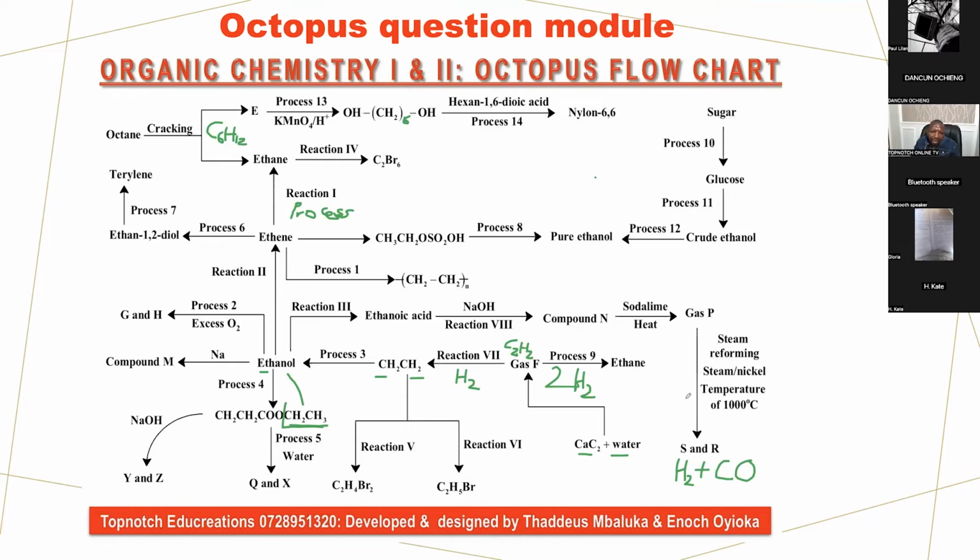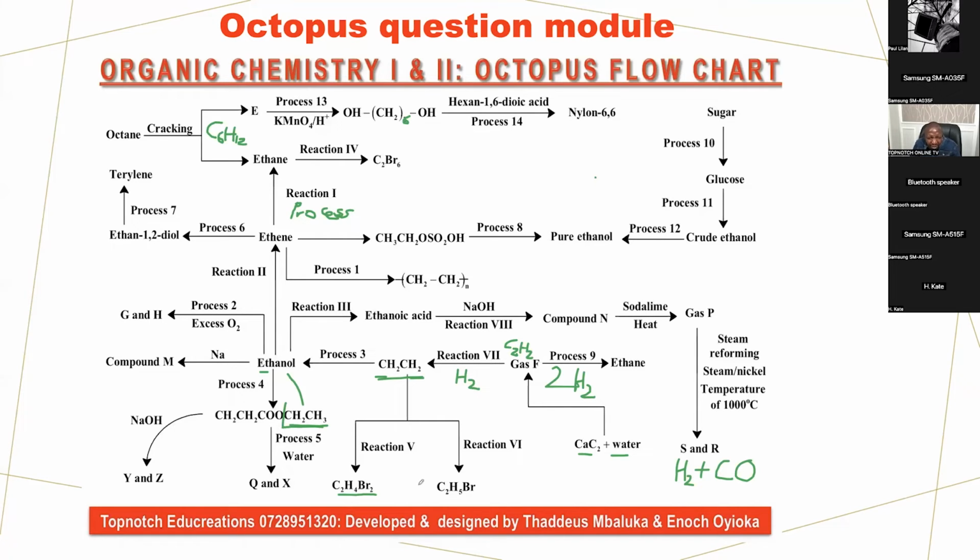Okay, then we have this one. We are here at reaction 4, which gives us C2H4Br2. What do you call that reaction? Reaction 5, this one. Can you say halogenation?